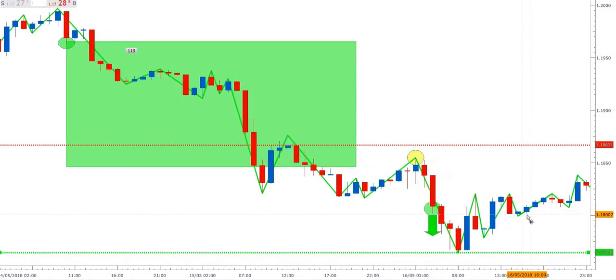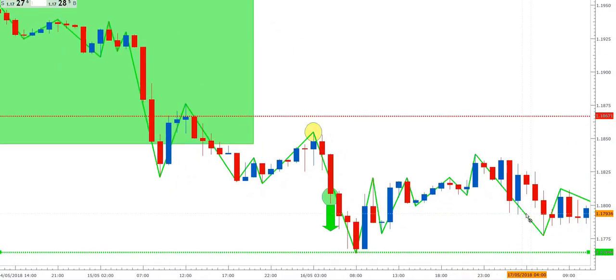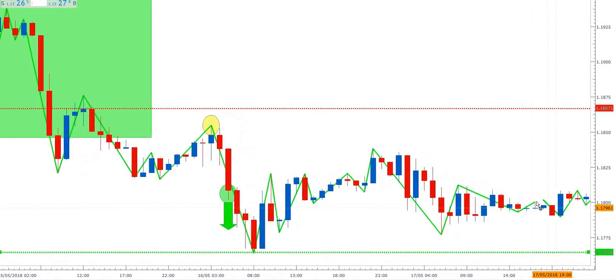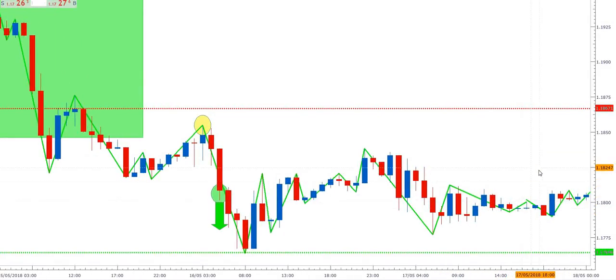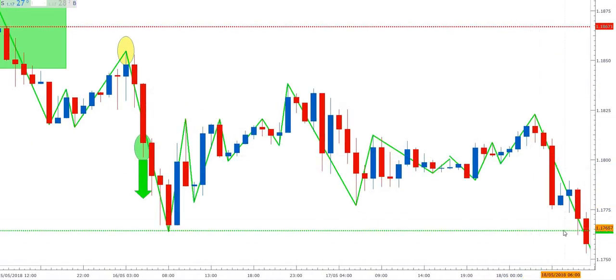Nothing's happening, nothing's happening, nothing's happening. Now it's broken our point of interest. We'll call that our most recent low that we moved our target to, and now it's hit it.